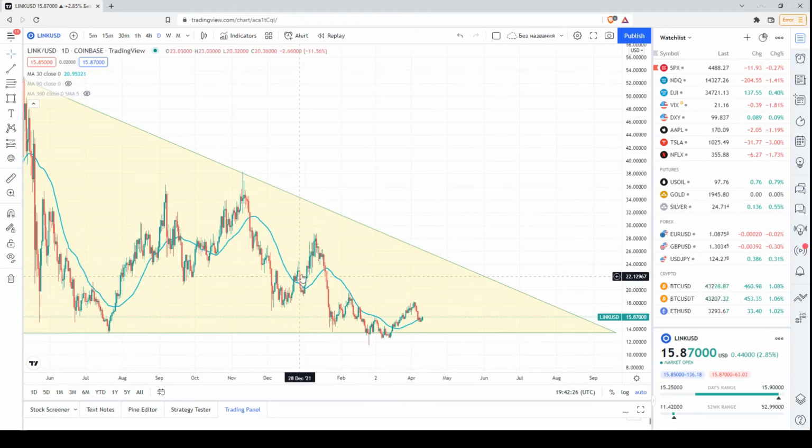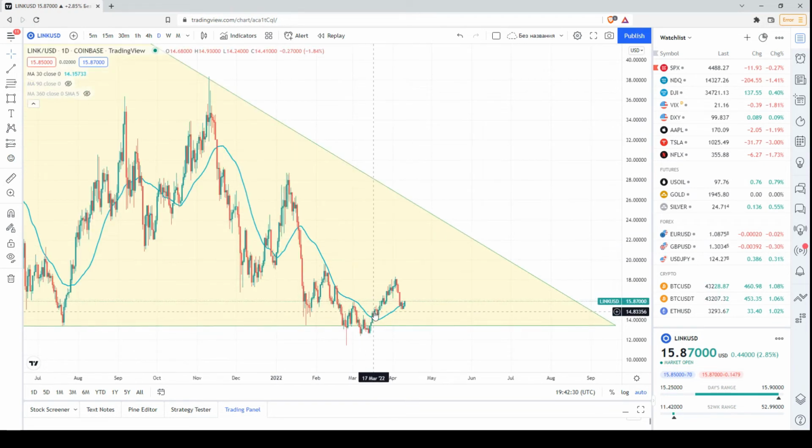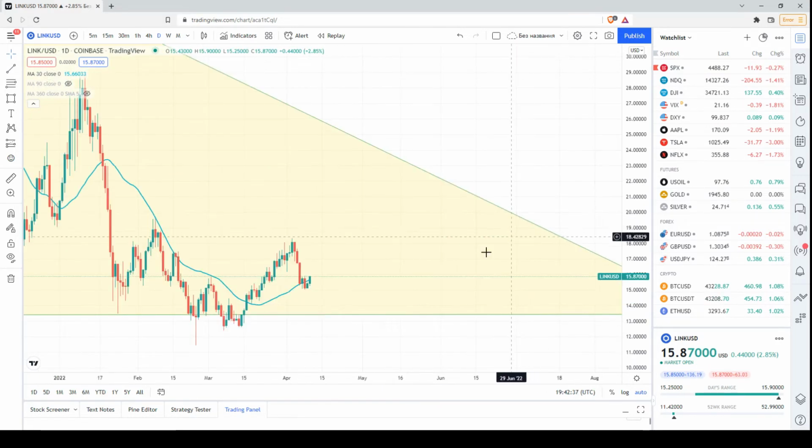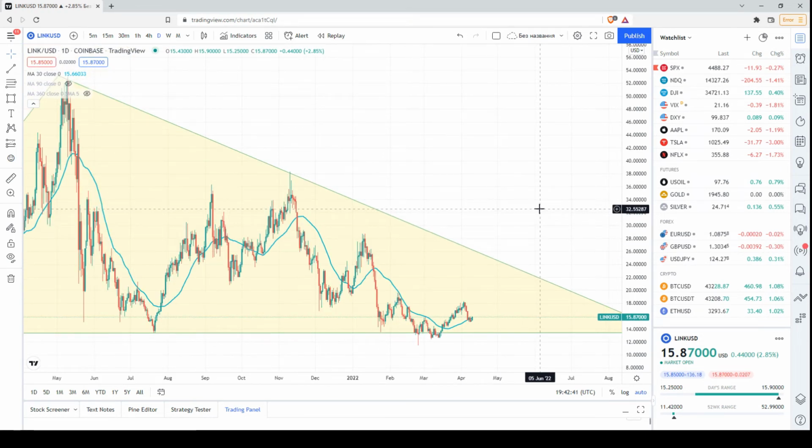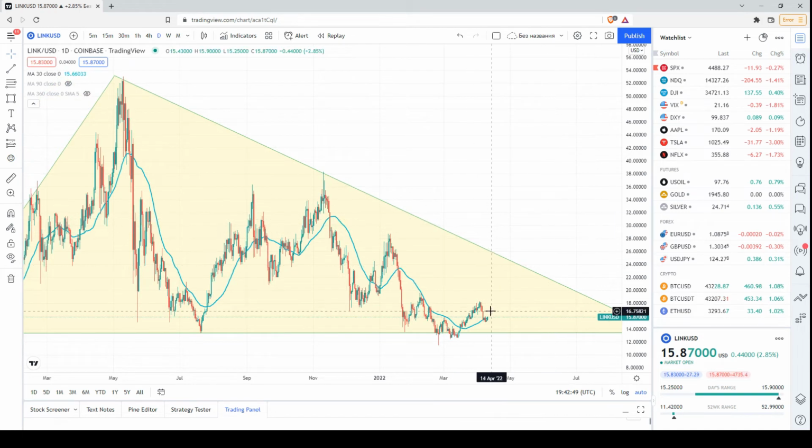Of course, during the recent rebound, the price was able to surpass the 30-day moving average once again, but now we're consolidating at the 30-day moving average. That's why it's too early to claim that we're at the very beginning of a further, let's say, price decline. Let's wait and see what happens.